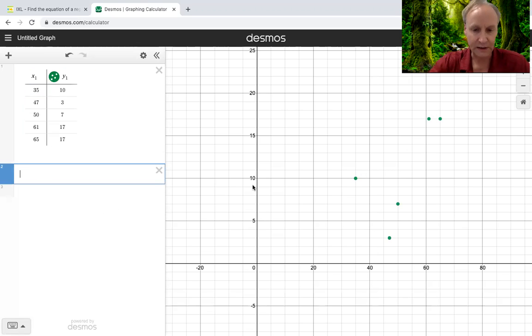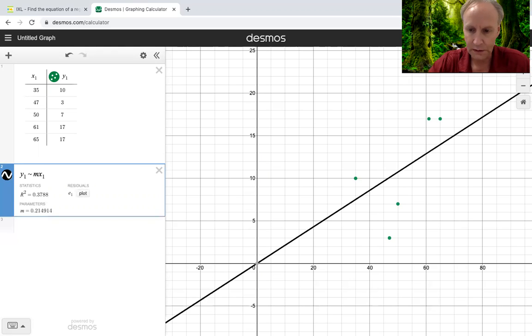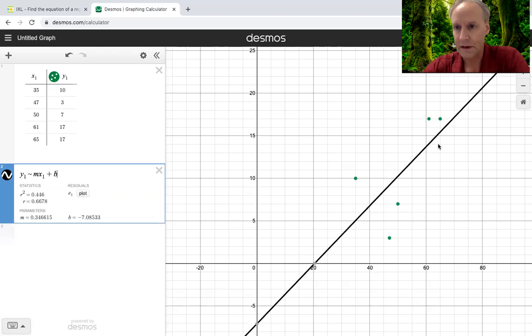So we're going to type it in: y1 tilde mx1 plus b. And there's our least squares regression line. What does this 0.347 mean? The slope is telling you that for each year of age, we expect somebody to know maybe a third more songs. So for every 3 years older they are, we expect them to know another song.